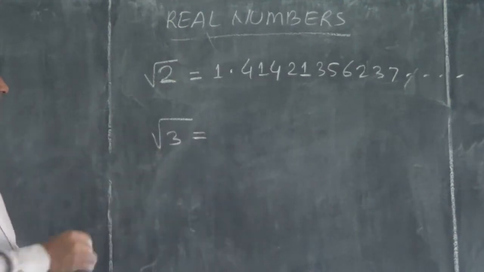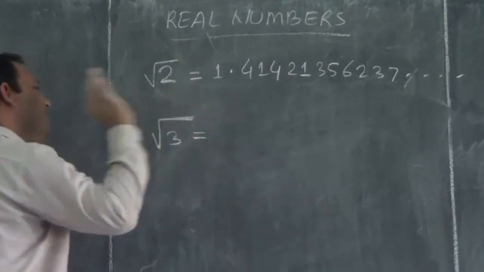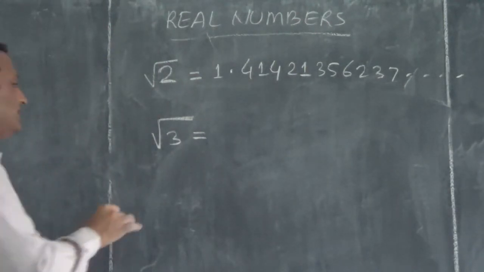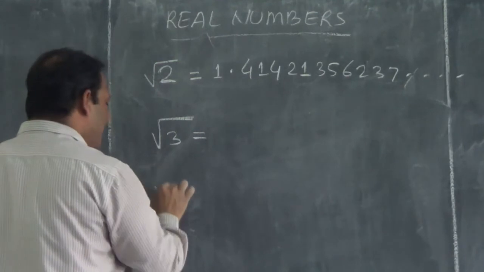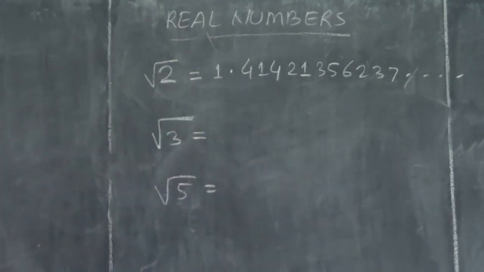The square root of a number which is not a perfect square will always be non-terminating, non-repeating. Square root of 5, 4 I am not taking because square root of 4 is 2. This is non-terminating, non-repeating. So this we are very much sure.